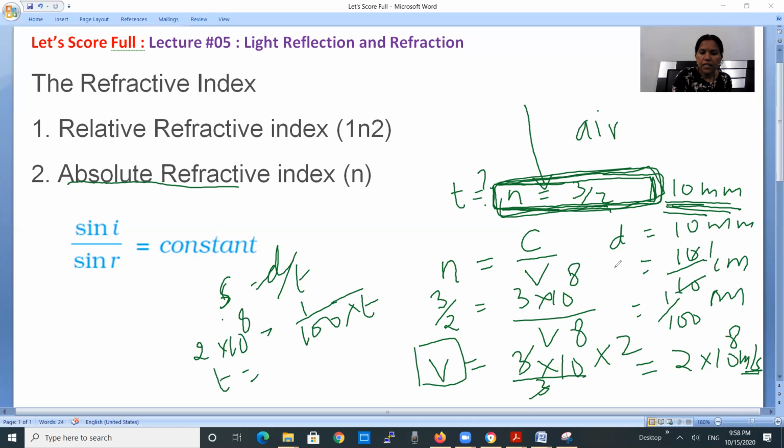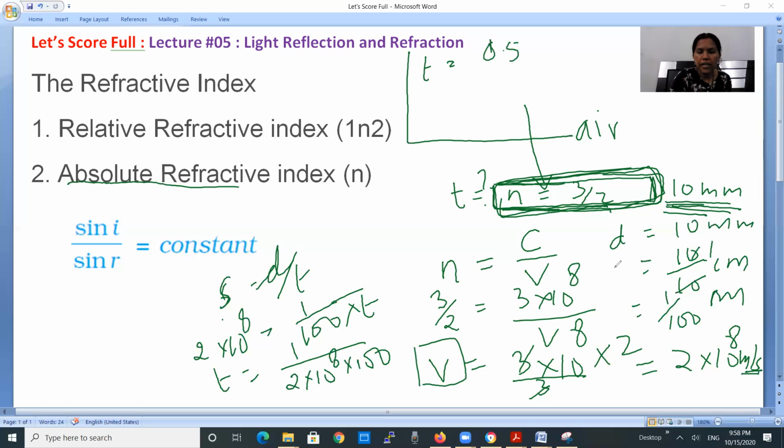So time will be nothing but 1 upon 2 into 10 raised to 8 and into 100. Let me draw it here. So T is 1 upon 2, which is 0.5, and in the denominator, can you see? 10 raised to 8 and 100 means 10 raised to 2. So this is total 10 raised to 10.